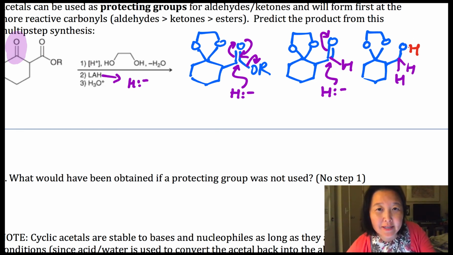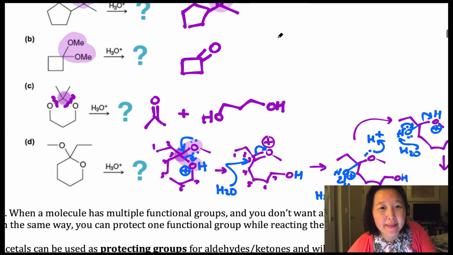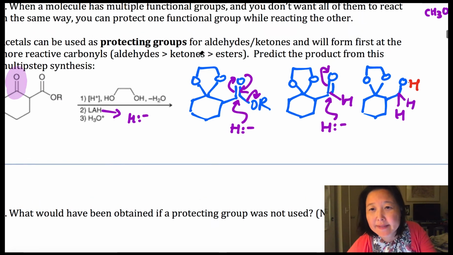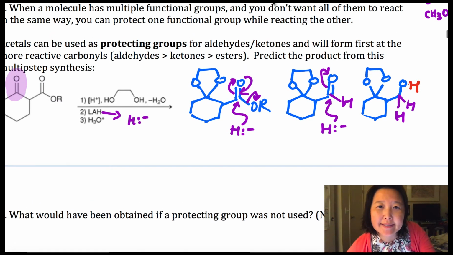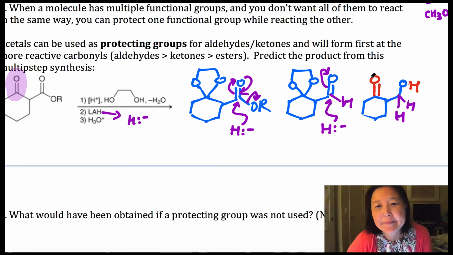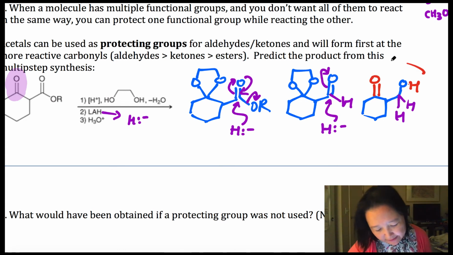You guys just saw in the last example that it turns acetals into carbonyl groups again. So what's going to happen here is the final step will be to convert this back into the carbonyl group. So that's after step 3. All right, so your final answer is this.